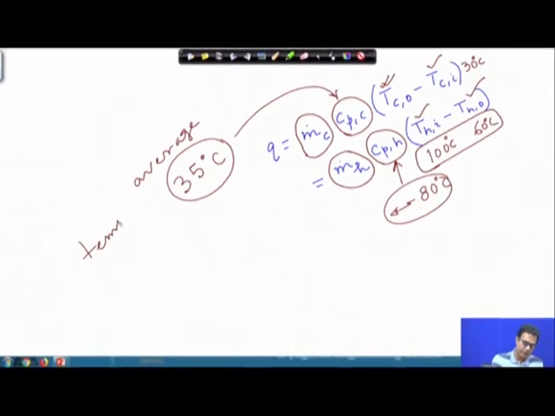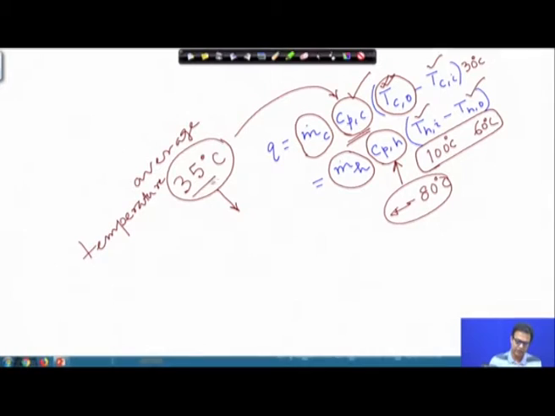Otherwise, we will not be able to find out the specific heat of the cold fluid to estimate the exit temperature. So, if we make an average temperature assumption for the cold fluid, then we will estimate its specific heat, find out the exit temperature of the cold fluid, and then check whether it is a good assumption or not.